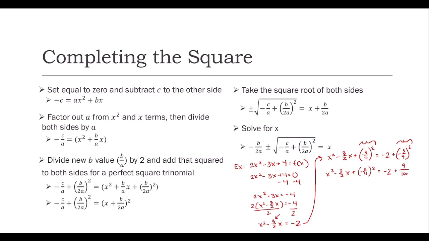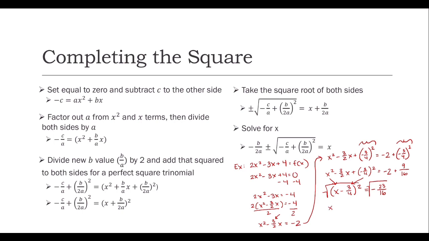And since we have a perfect square trinomial on the left side, it will now become x minus 3/4, that's where these come from, squared equals negative 2, which is negative 32/16, so this will equal negative 23/16. And then to solve it, you would take the square root of both sides.